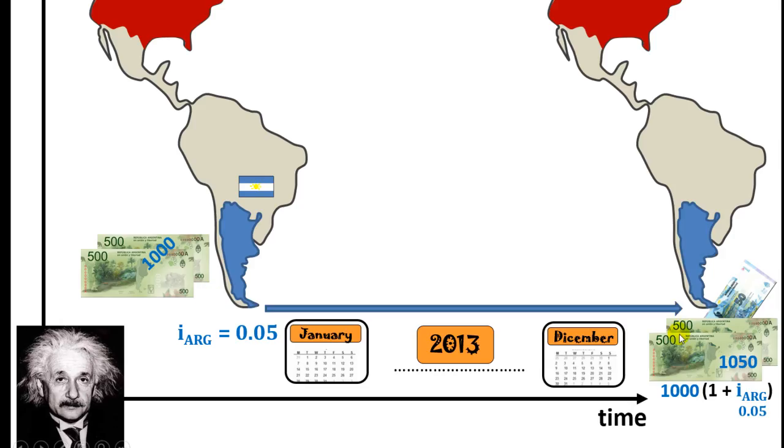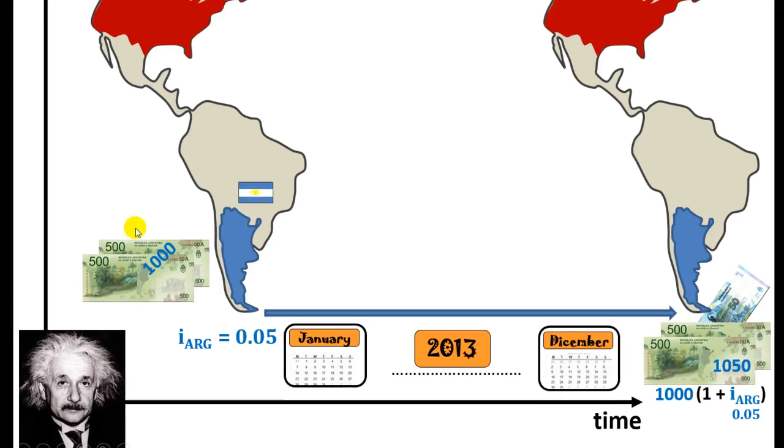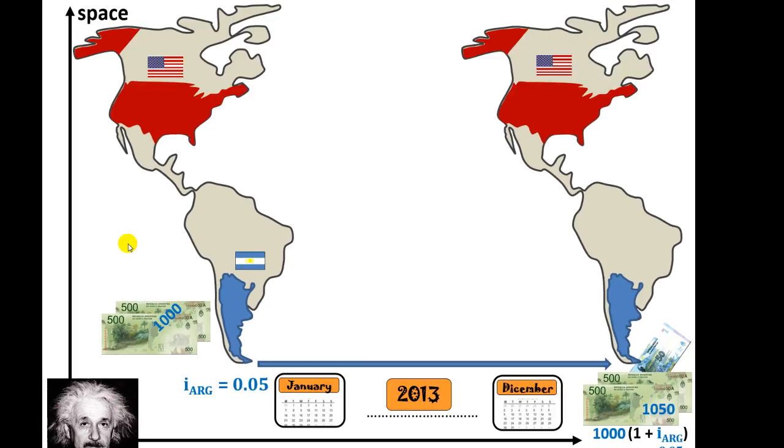Now we are going to travel also in space. So if I want to go to the States, then I need the umbilical cord, which is the dollar. So I have to look at the exchange rate. Let's say that the exchange rate is 10, meaning that $1 is 10 pesos, to simplify the math.